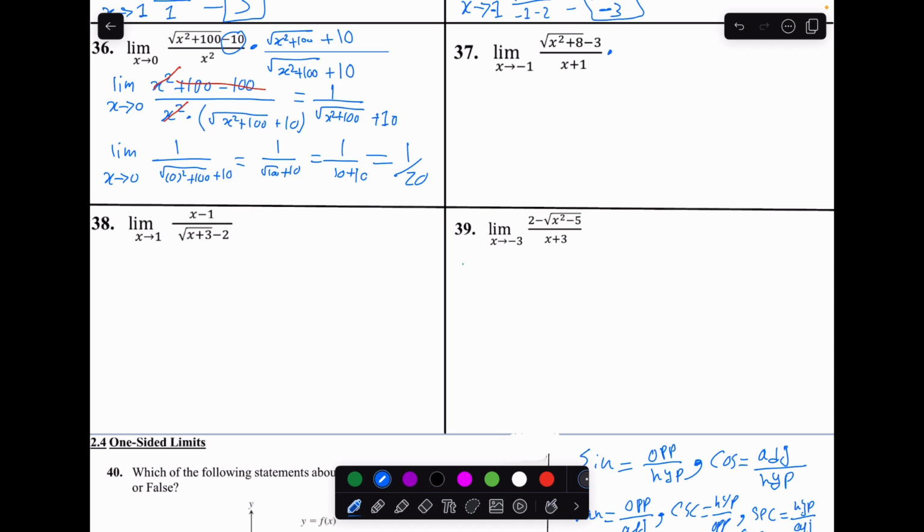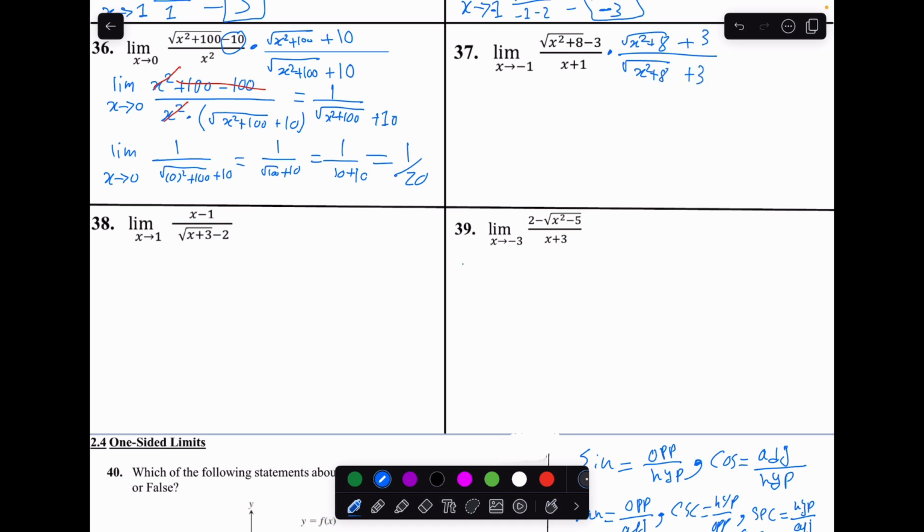Question 37. Limit when x approaching -1. We have square root of x squared plus 8 minus 3 over x plus 1. We will multiply by the conjugate, so square root of x squared plus 8 plus 3 over square root of x squared plus 8 plus 3.